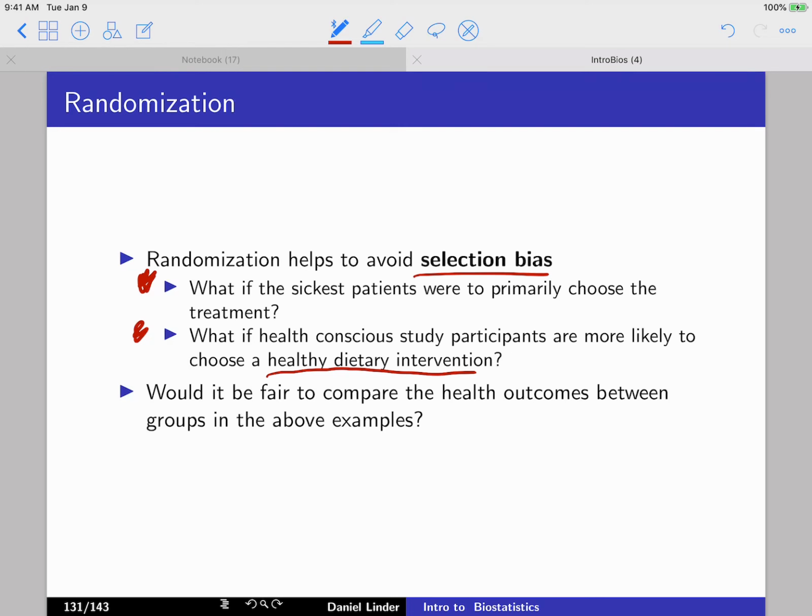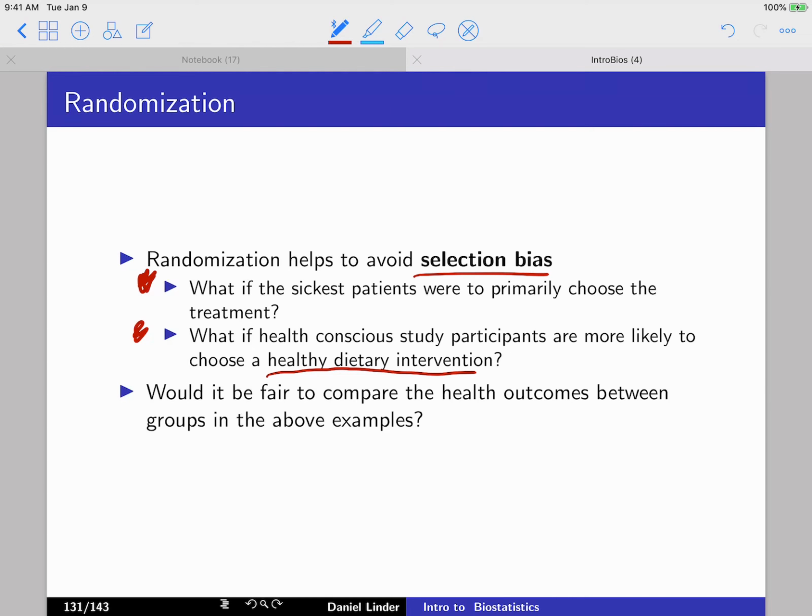So randomization is a really important tool in order to avoid this so-called confounding. So confounding is basically where you have certain variables that are associated with both your independent variable, in this case would be treatment versus placebo, and your outcome variable, so your dependent variable.